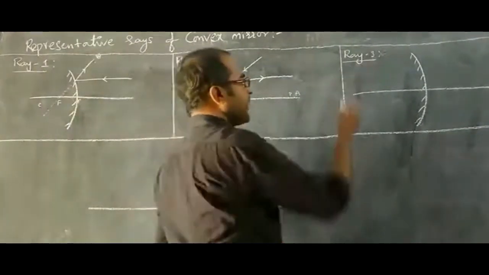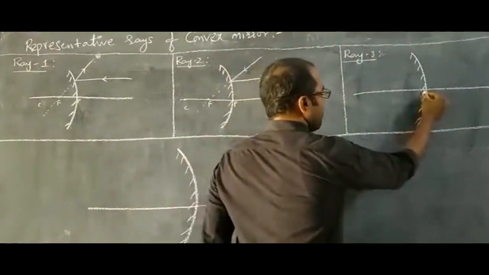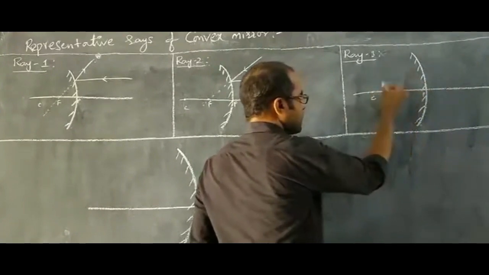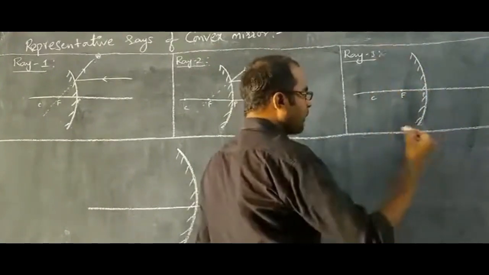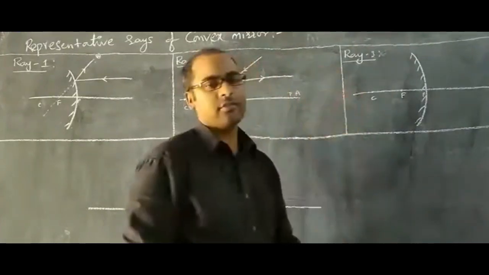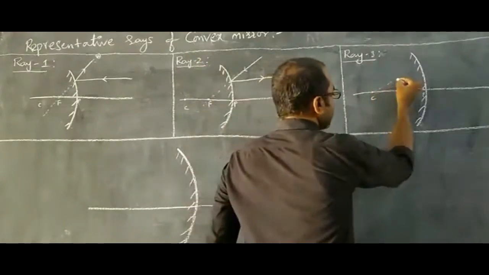Next, ray 3. In the same manner, pole, focus, center of curvature. Now let us take a ray which is appearing to pass through the center of curvature.